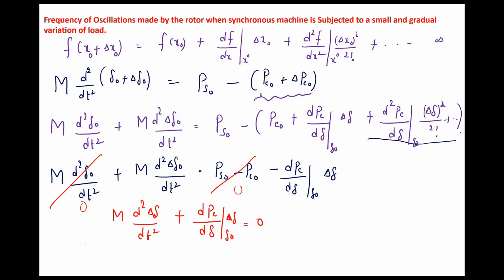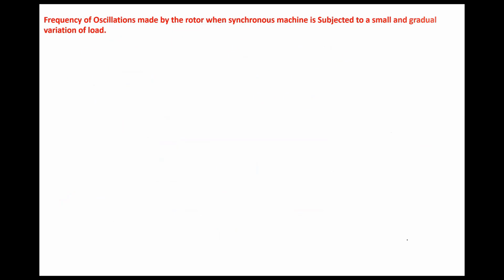Now if d/dt is equal to k, we can write mk² plus dPe/dδ into Δδ is equal to 0. I can write this equation as this one.